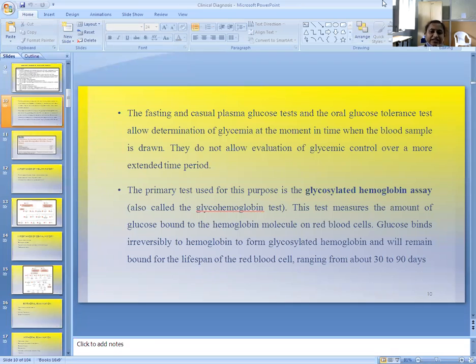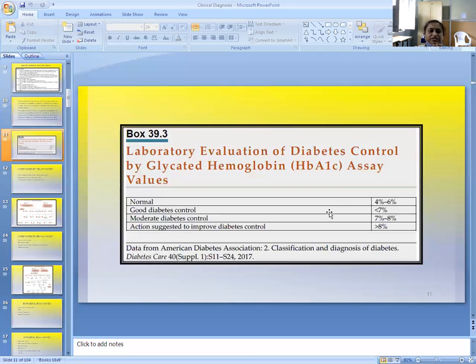For monitoring there are glycosylated hemoglobin assays. The normal range is 4% to 6%. Good diabetes control or glycemic control should be lesser than 7%, moderate is 7 to 8%, and action is suggested to improve diabetes control when it is more than 8%.